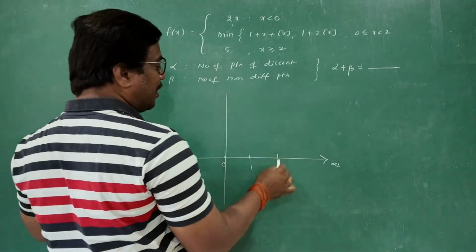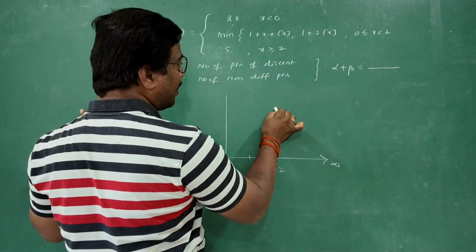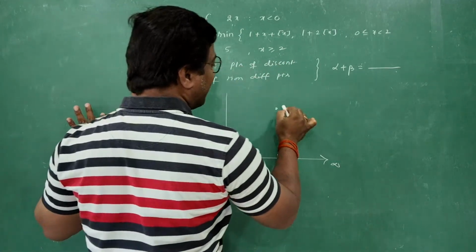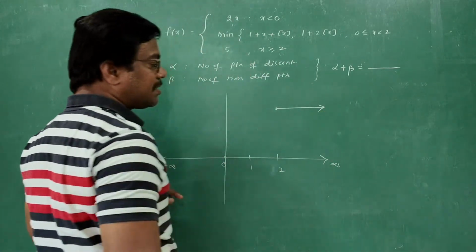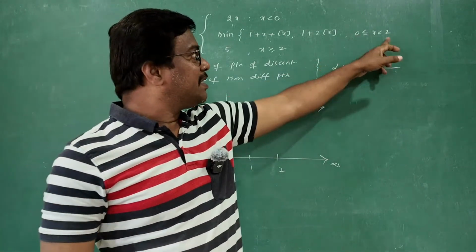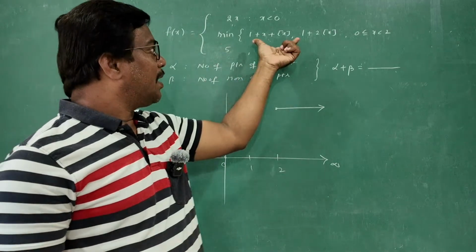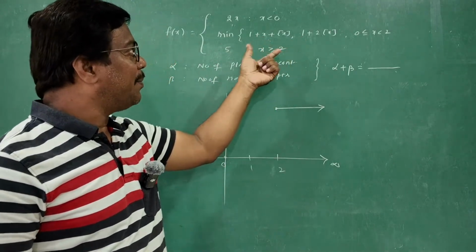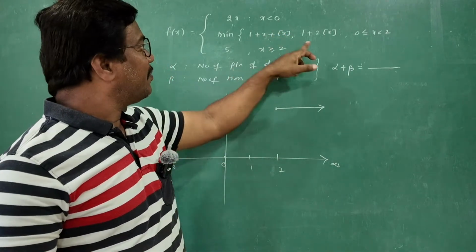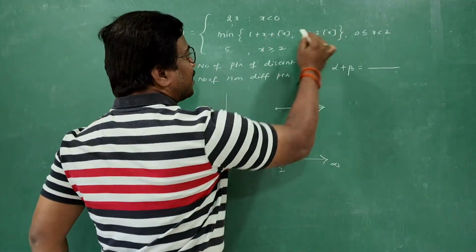Y value 5, 1, 2, 3, 4, 5. For all x greater than or equal to 2, y equal to constant, nothing but it indicates a line parallel to the x axis. Okay, next, in the interval 0 to 2, there are two functions which are a combination of algebraic as well as step function, and the minimum of these two you have to select.